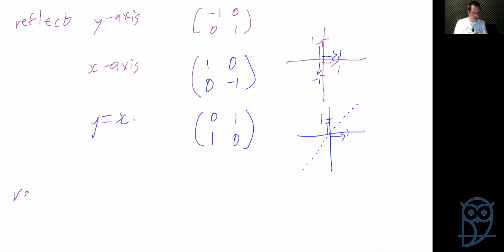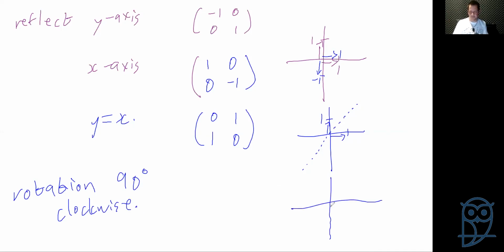What about if we do a rotation? Let's do a rotation before we have to stop. Let's do a rotation 90 degrees clockwise. All right, 90 degrees clockwise. There's my one. There's my other one. Now I'm rotating 90 degrees clockwise. All right.